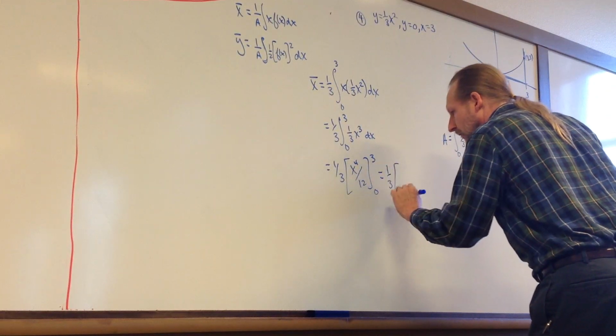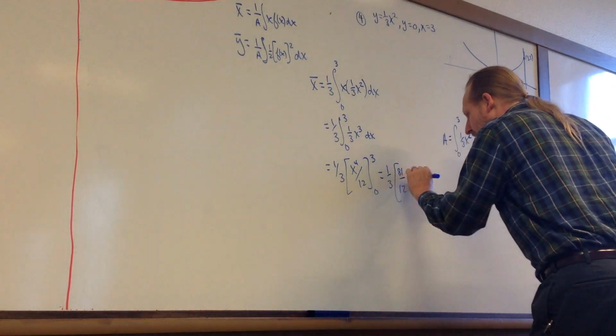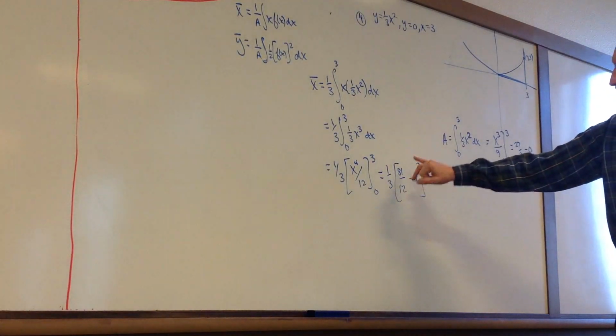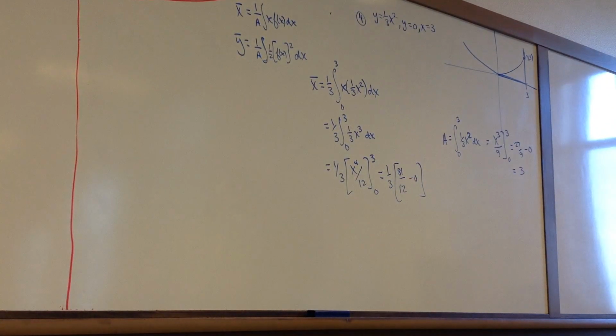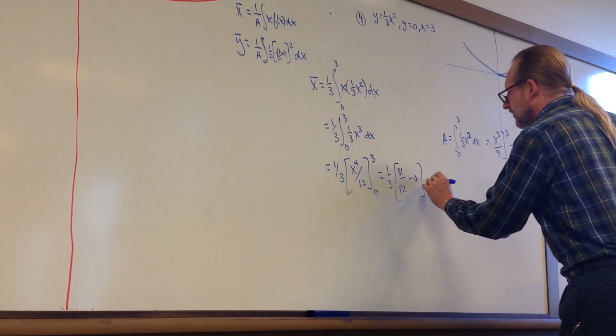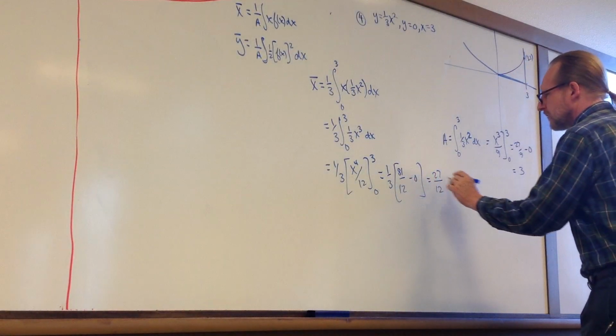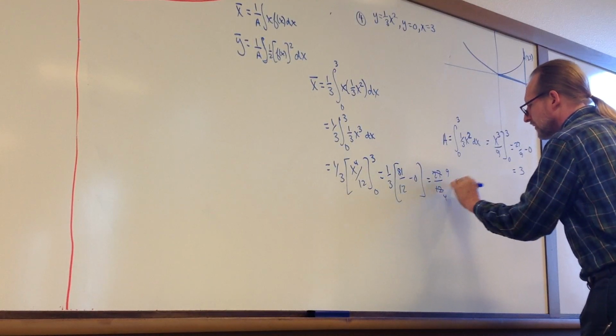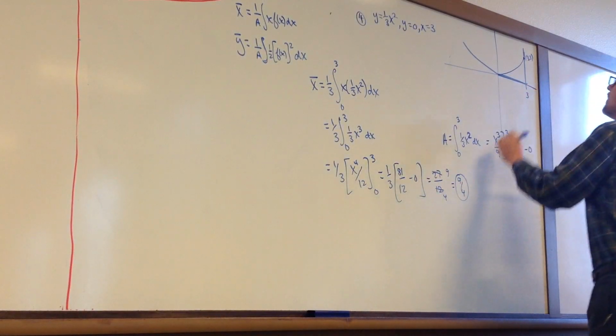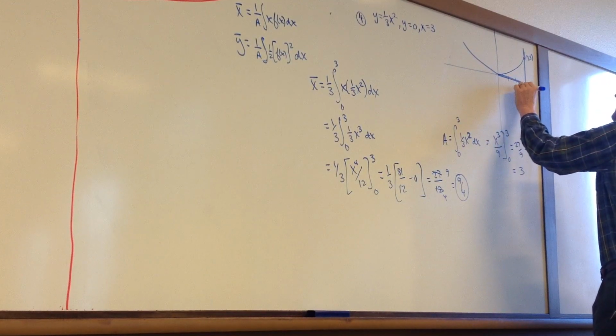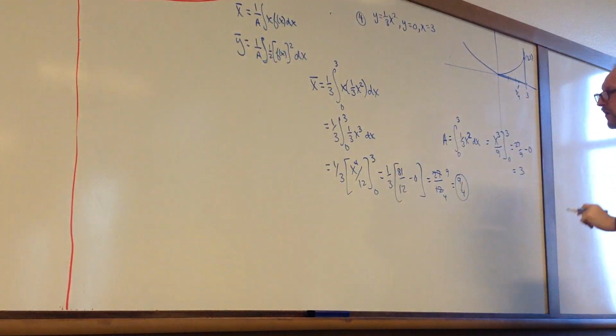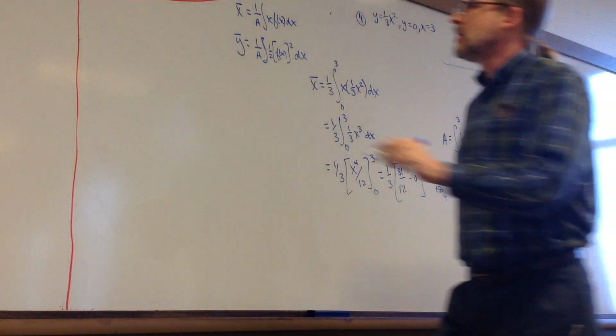So that's 1/3 times 81 over 12 minus 0. Let's see here. Right, 27 over 12. And then reduce that with the 3 one more time, and that's 9 over 4. 2.25, right about there. Okay, so that's our x bar.